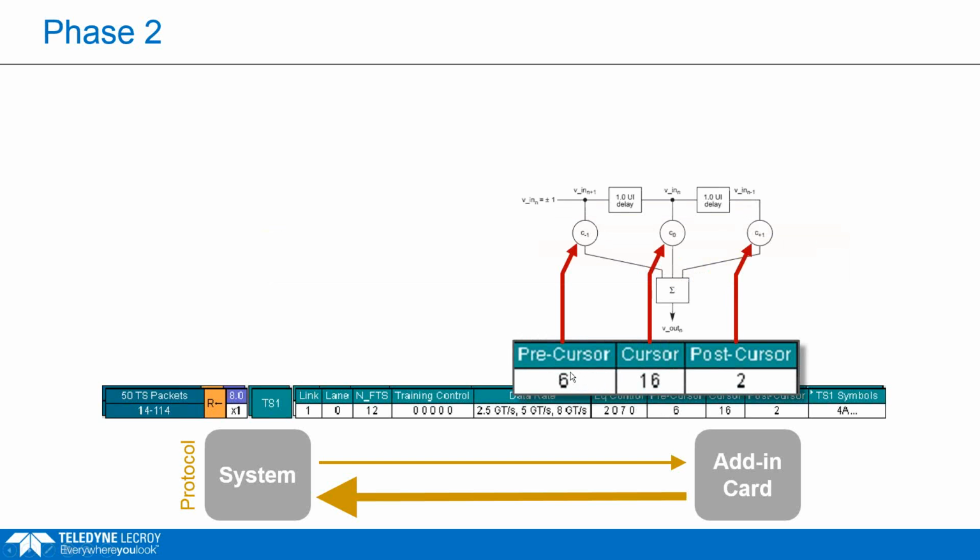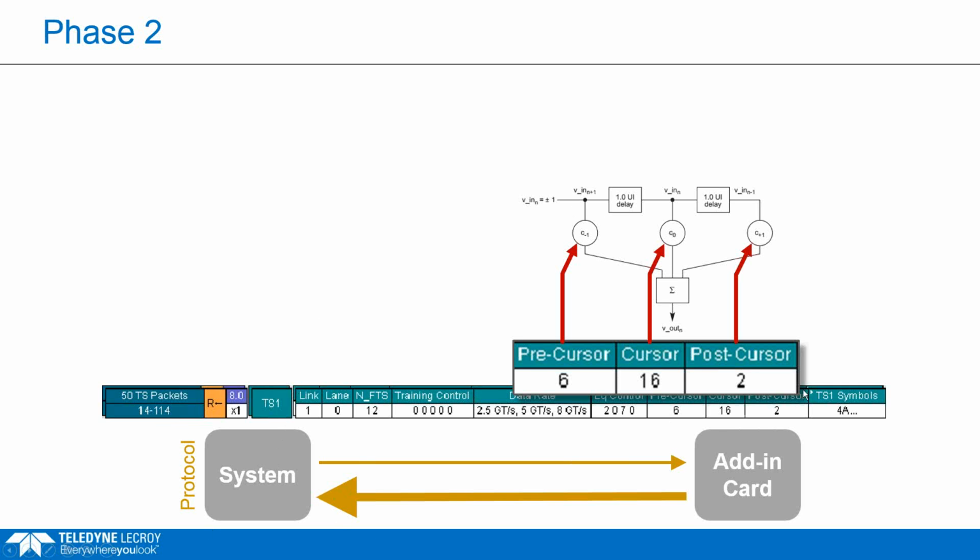It's requesting specific cursor coefficients here: precursor 6, cursor 16, and post-cursor 2. So it's telling the system, physically set the FIR filter in your TXEQ with these specific coefficients. These correspond to the TXEQ block of the system.